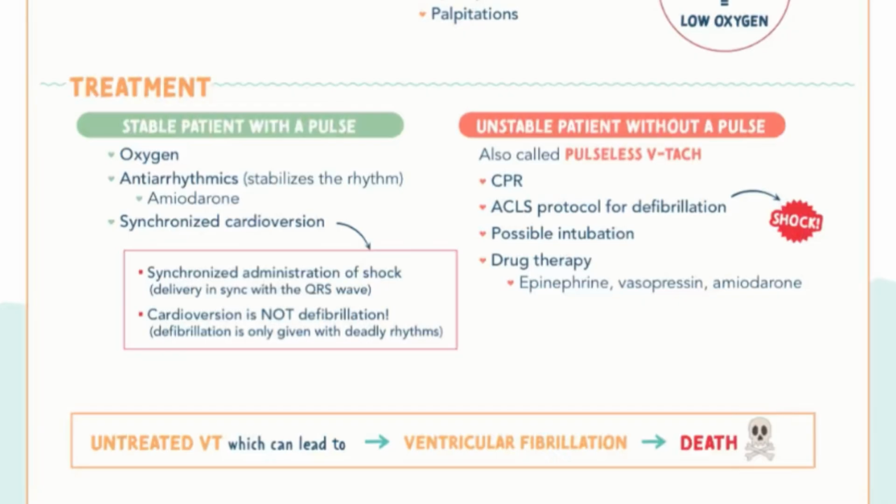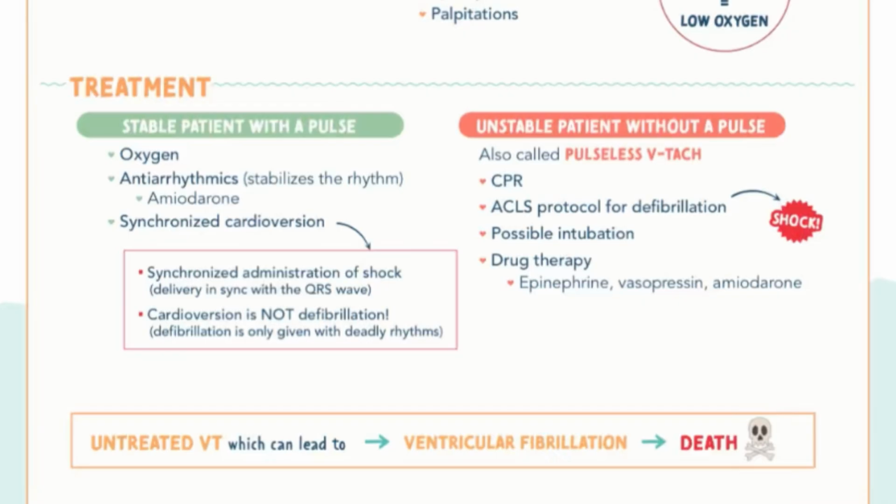Defibrillation is another one. If the patient has no pulse, we call it pulseless VTAC. In this case, we start CPR and the advanced cardiac life support protocol for defibrillation and possible intubation. After that, we do drug therapy like epinephrine, vasopressin, amiodarone.